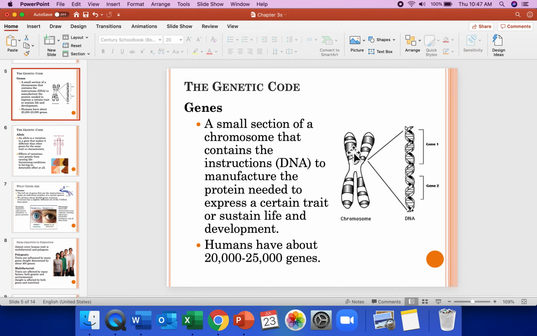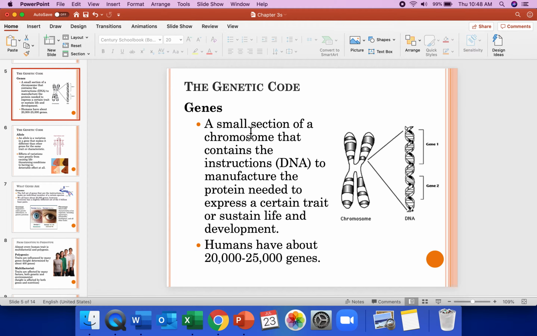This section, for example, on let's say the 21st pair, is in charge of the shape of your nose, or this section is in charge of how your eyes are going to be shaped, things like that. So the gene for eye shape, the gene for nose shape, the gene for height, or the gene for eye color, whatever, those are basically sections of a chromosome.